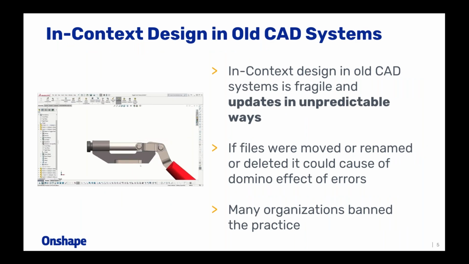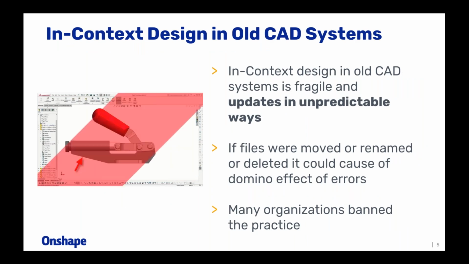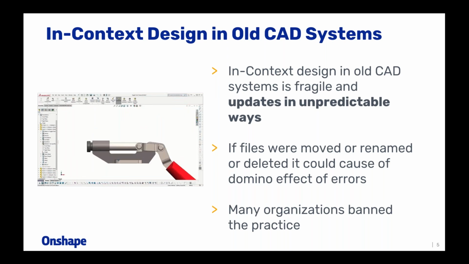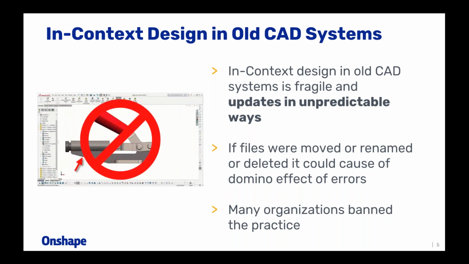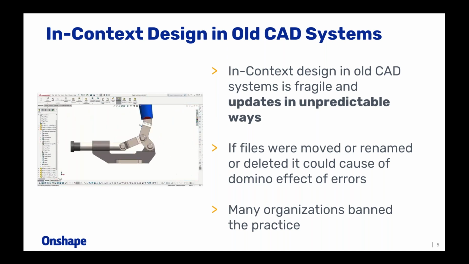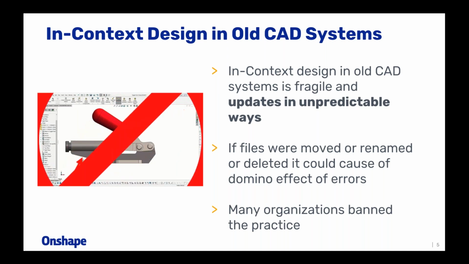But I want to jump into the pitfalls of in-context design in the past, and it's something that a lot of users have really shied away from for a number of reasons. One of the things that's almost universal when you talk to engineers about in-context design in some of these older CAD systems is that it is a fragile process. It tends to be an error-prone process.